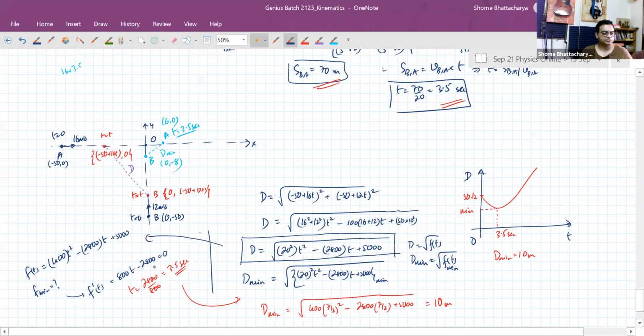We just need to calculate its minima. This minima we'll see will be 100. So this whole term will become square root of 100.